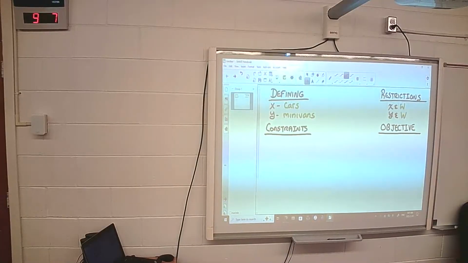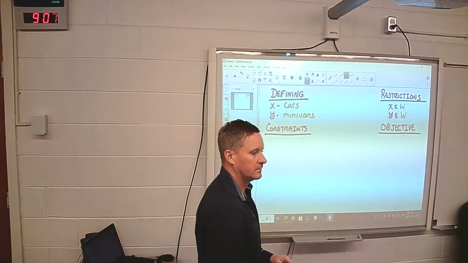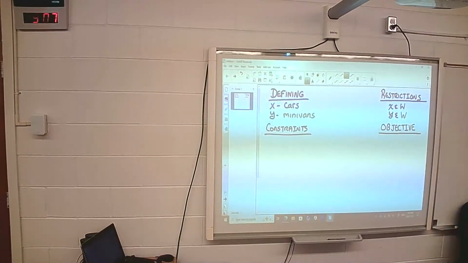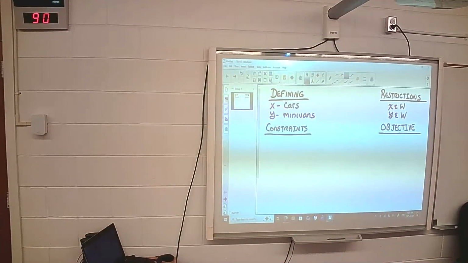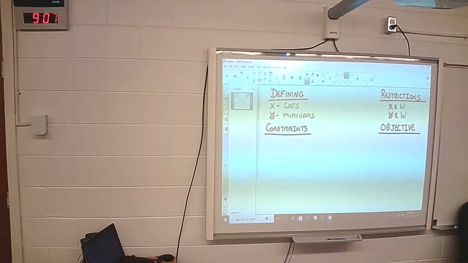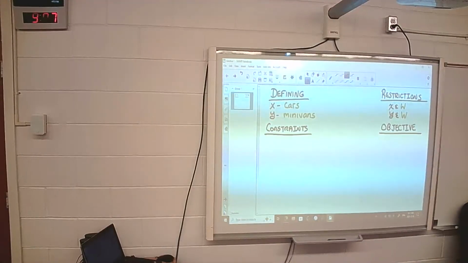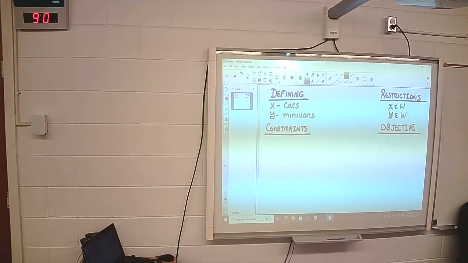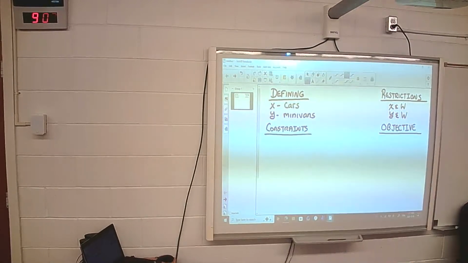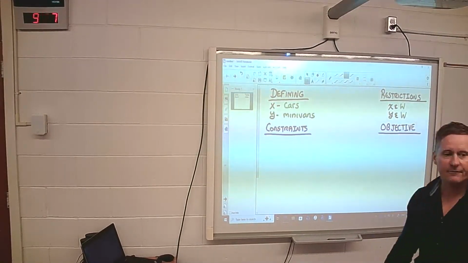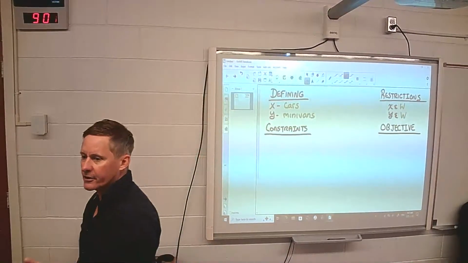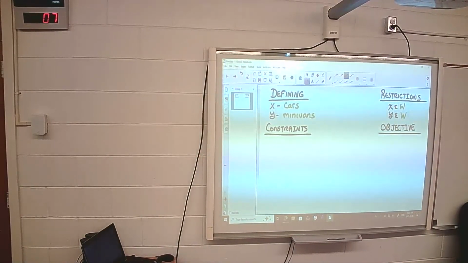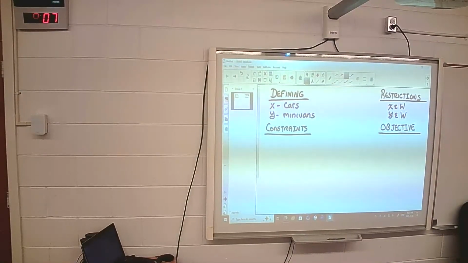What's the difference between a whole number and a natural number? Natural numbers start with 1, whole numbers start with 0. The only difference between natural and whole numbers is that in whole numbers you can have 0. In natural numbers you start with 1.